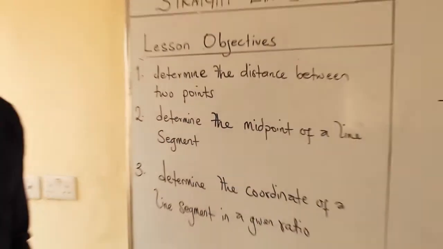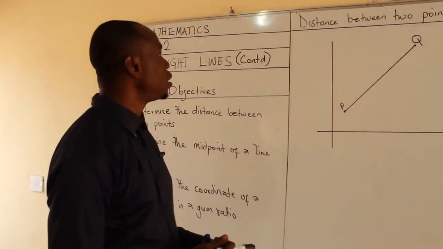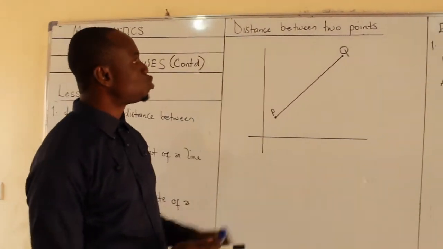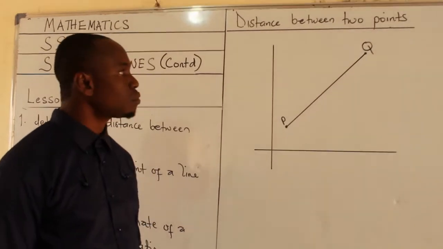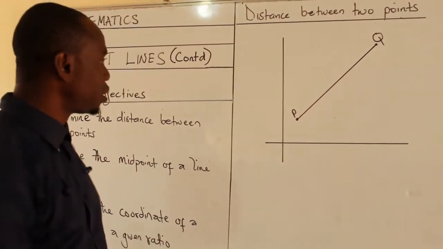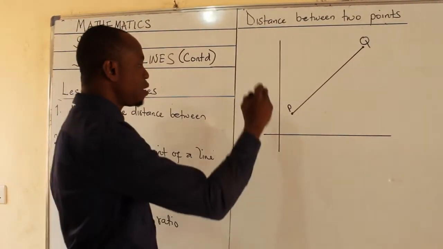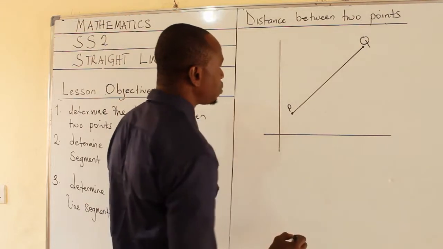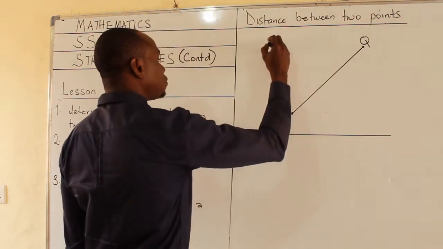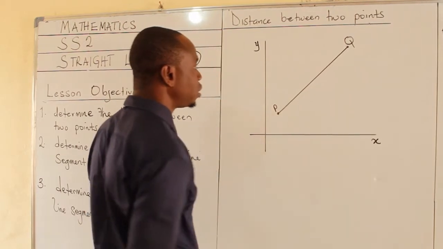So like the lesson objective says, the first one we have to deal with is the distance between 2 points. The distance between 2 points on our Cartesian graph. If you look closely, we have a replica of a graph where we have the y coordinates and the x coordinates.